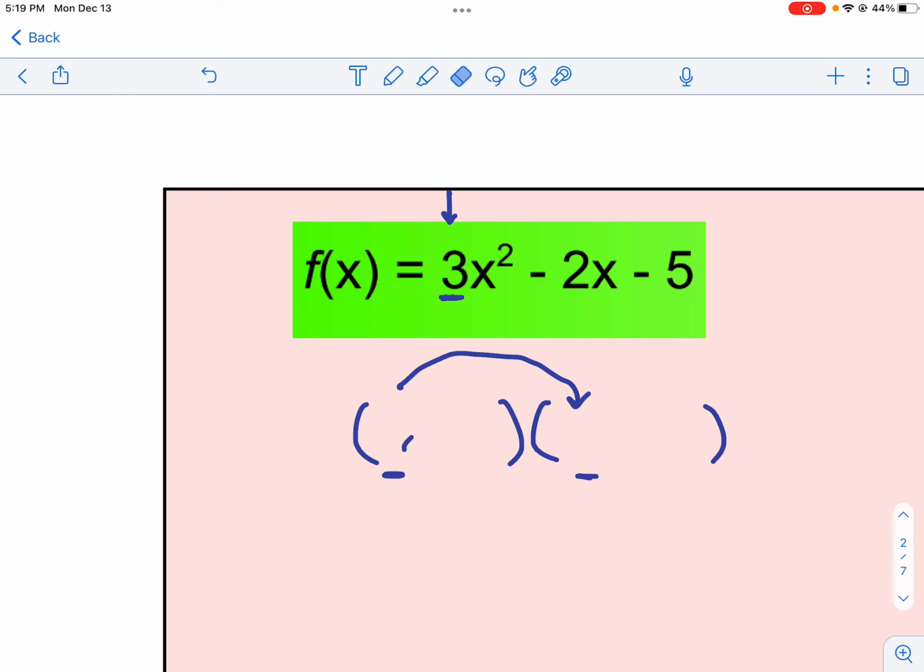You could do like 1 1/2 x and 2x. Yeah, that would get you 3x squared, but for us, we're not going to do decimal coefficients. We will just have whole number coefficients. So really, the only factors of 3 are going to be 3 times 1, which forces my equation to look like this. Like I said, that's the F in FOIL.